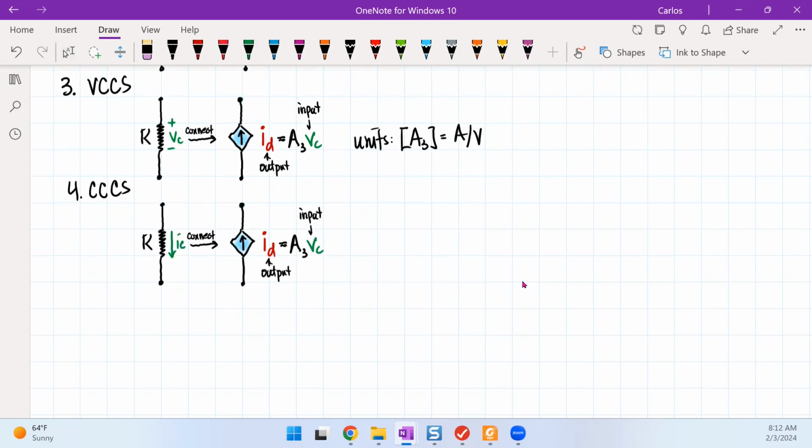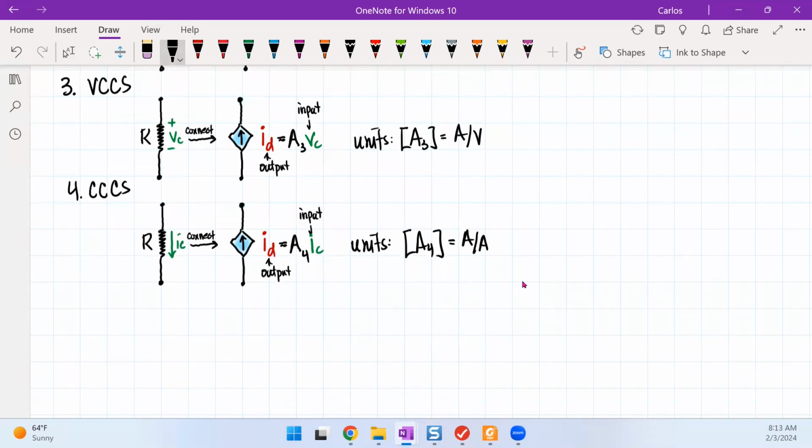So now this is our current controlled guy. When I'm looking at this unit-wise, it has to have a different gain, which I did not modify. And so this gain here has units of amps per amp.